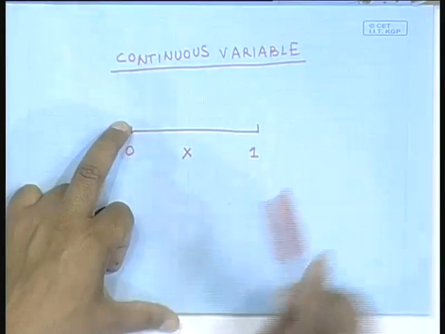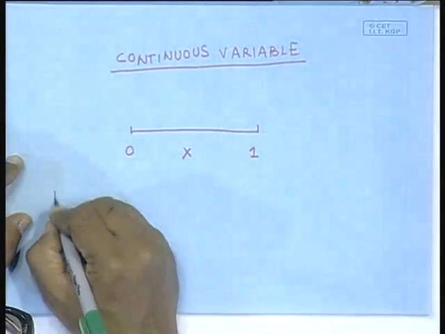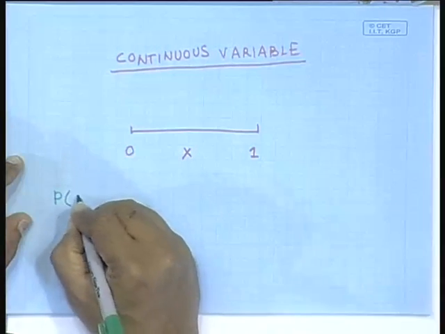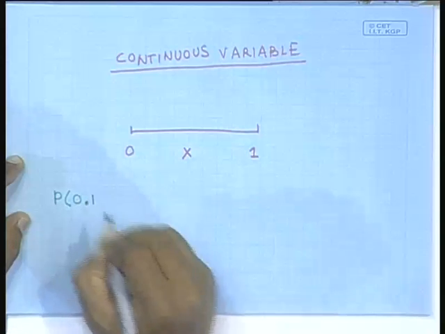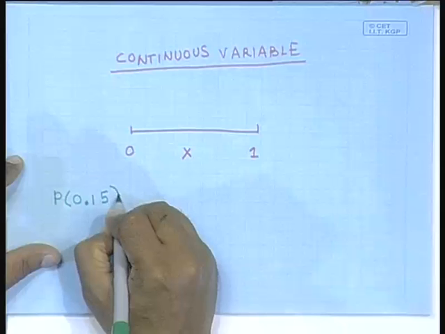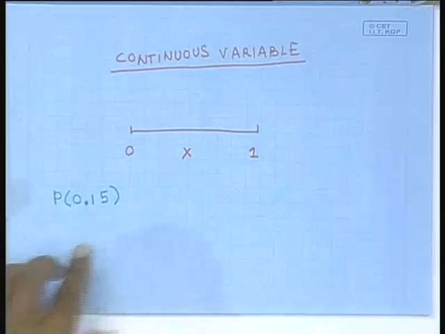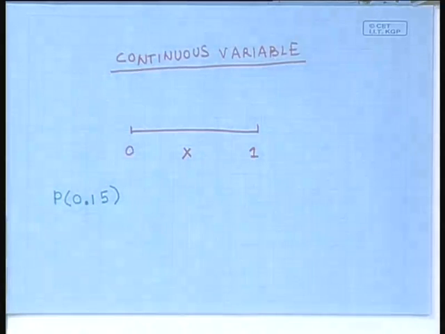Now, I ask the question, what is the probability that the particle is at the position 0.1? Let us say it is at the position 0.15. What is the probability that the particle is at the point 0.15? Now, we have just a few minutes ago discussed how to calculate probabilities.